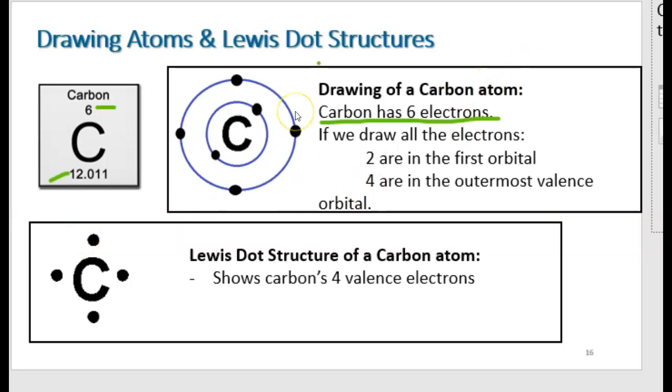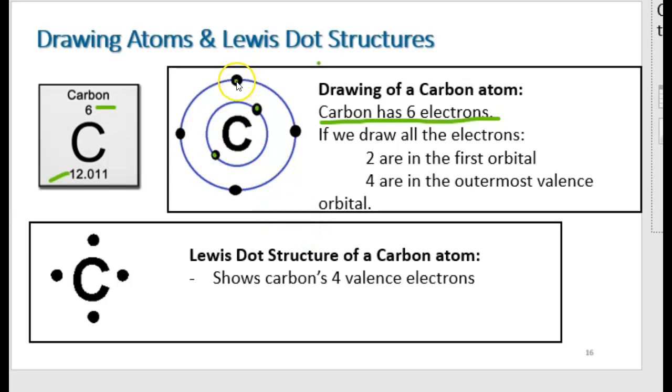When we draw these simplified atoms, we first put the chemical symbol in the center. And then we draw orbitals with electrons in them. Since we know that carbon has 6 electrons, the first orbital has 2, because that's the maximum it can hold.